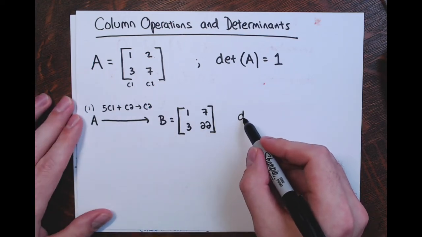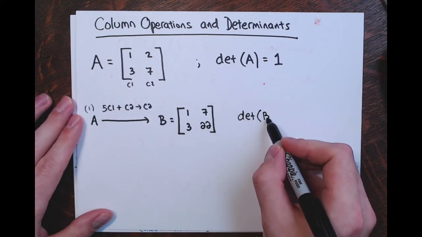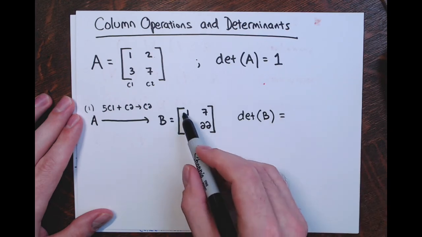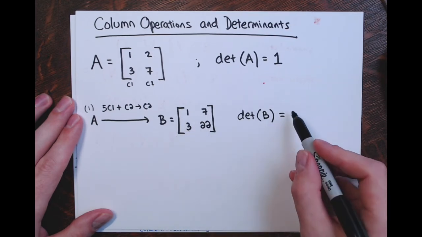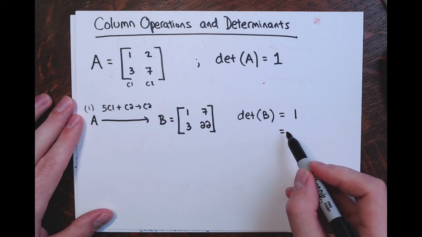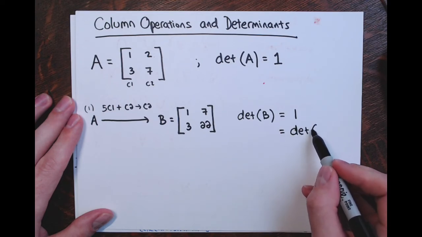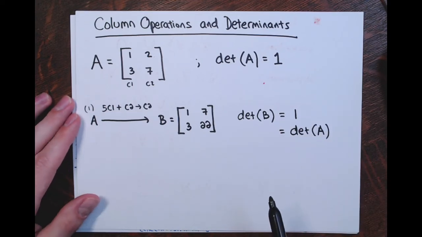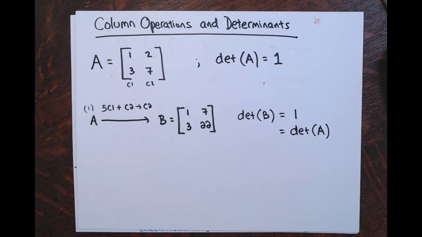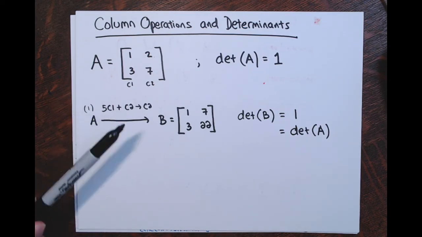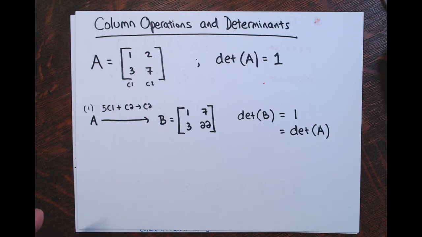Now what is the determinant of this new matrix? It's 22 minus 21, which is still 1. See, it's exactly the same as the determinant of the previous step. So adding a multiple of one column to another column also doesn't change the determinant.